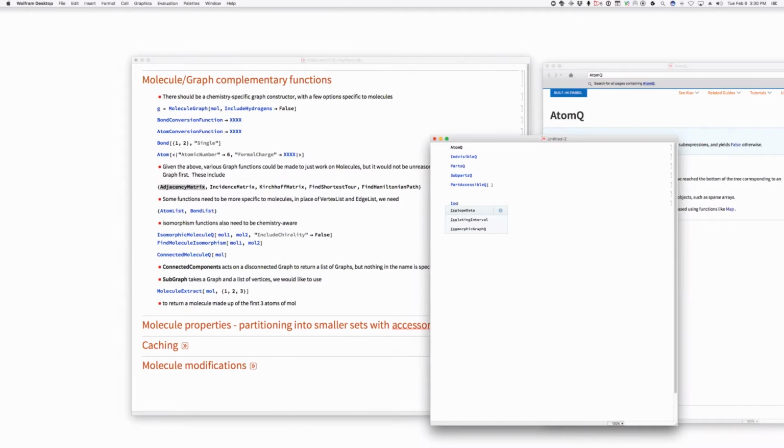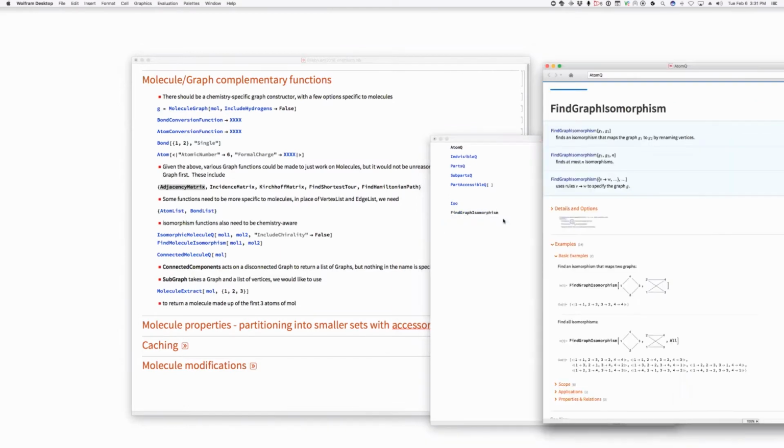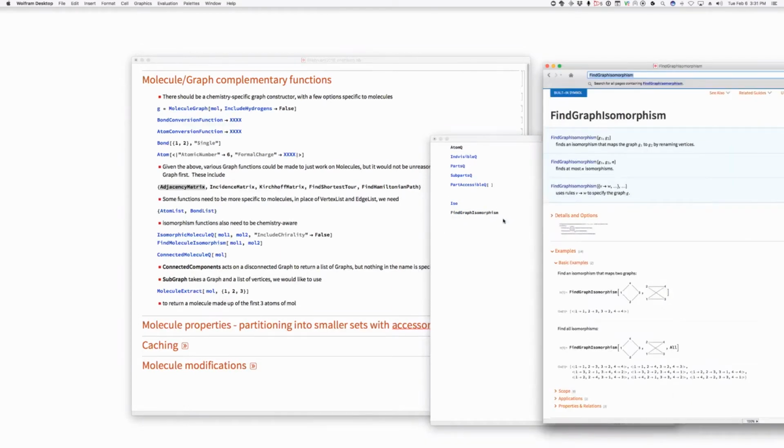Okay, so FindMoleculeIsomorphism. Is there a FindGraphIsomorphism? Yes. And it returns a list of rules that map the vertices. Okay. And what would you return here? The same, a map. How do you apply that list?